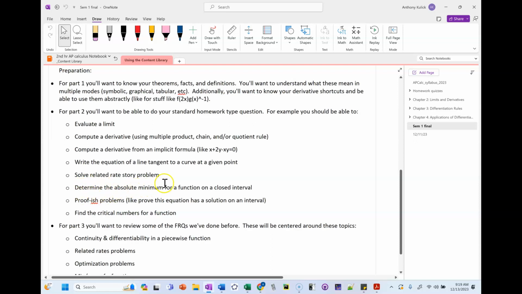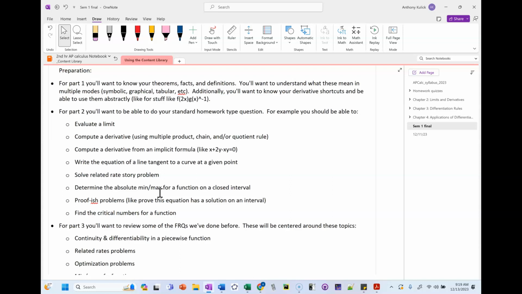You should be able to determine an absolute minimum, or I should say maximum, for a function on a closed interval. So what do you do to do that? Braden? You have to take f prime, set f prime equals 0. Mm-hmm.